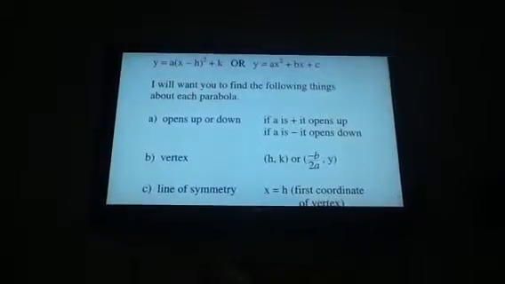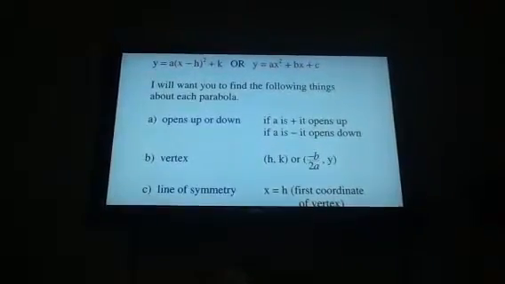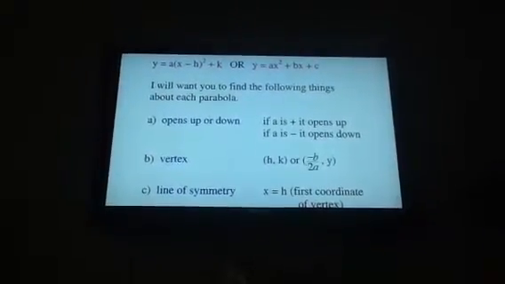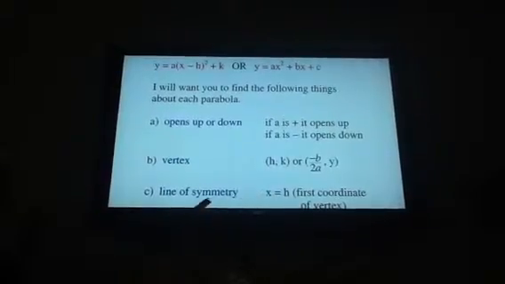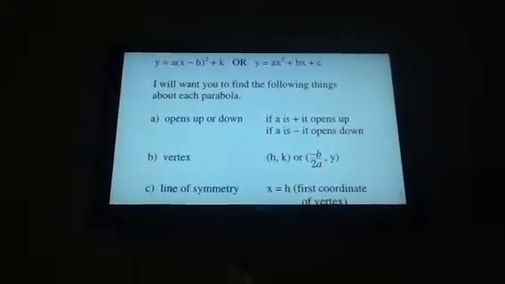Because we are working with up-down parabolas only, our lines of symmetry are all going to be vertical lines. And we know from earlier in Goal 7 that vertical lines are always x equals. So our lines of symmetry are all going to be x equals equations. It's an equation because it's a line.